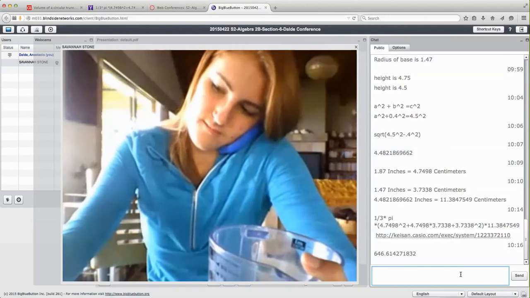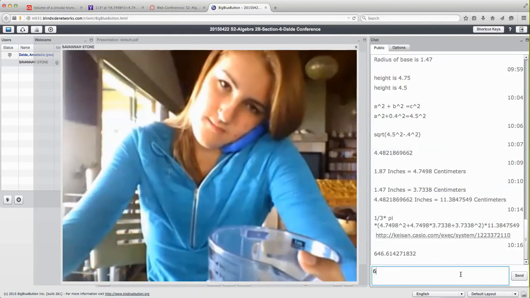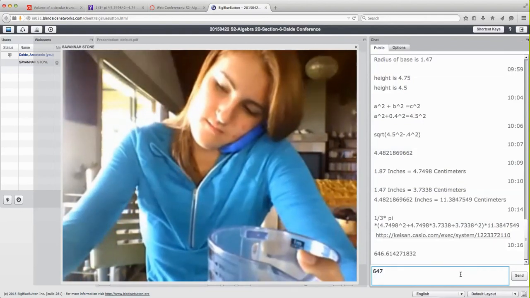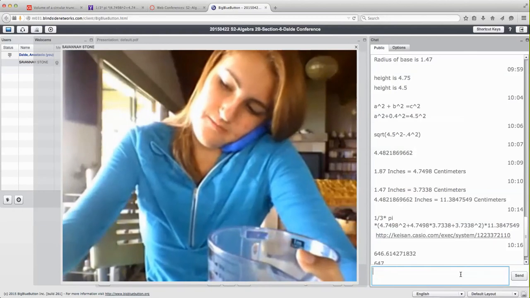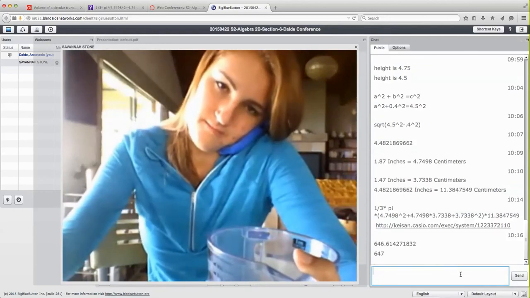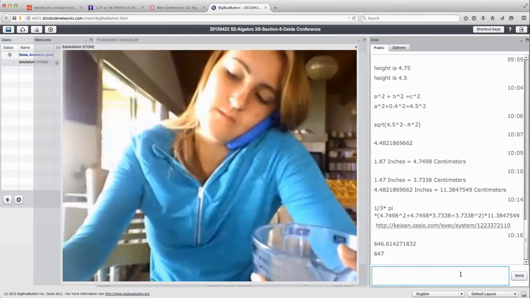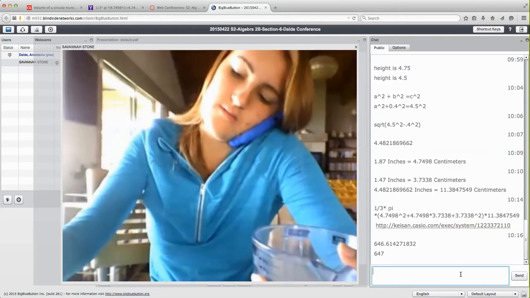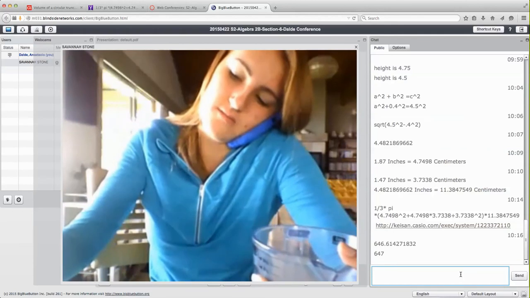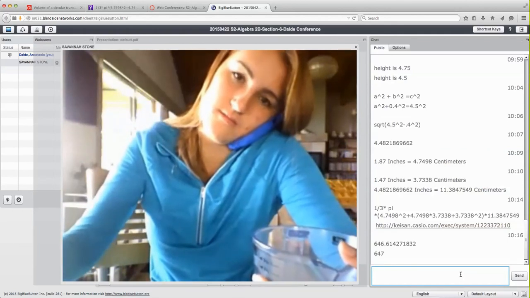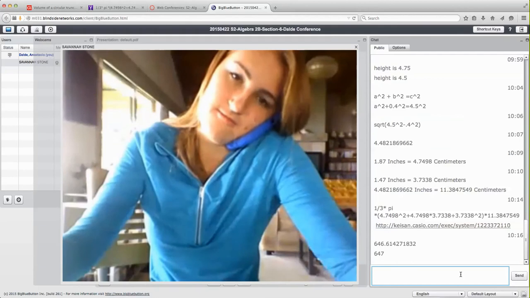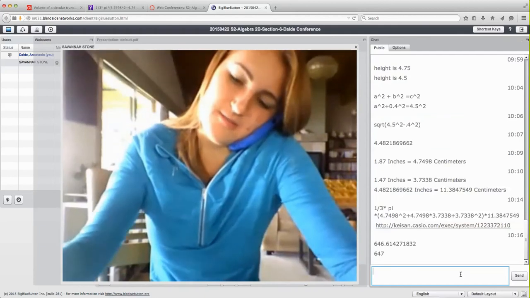So why don't we just go with 647? But what is this measured in? What are the units on our number, 647? Centimeters? Just centimeters, 647 centimeters? Cubic centimeters, thank you very much.